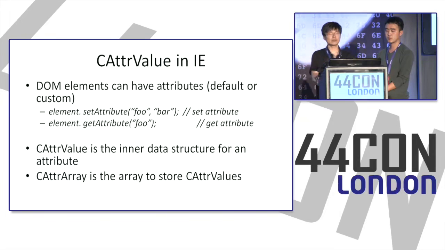And the CAttribute value is the internal data structure used to store attributes in a DOM element. And the CAttribute array, as its name indicates, is the array that stores all CAttribute values in the DOM element.